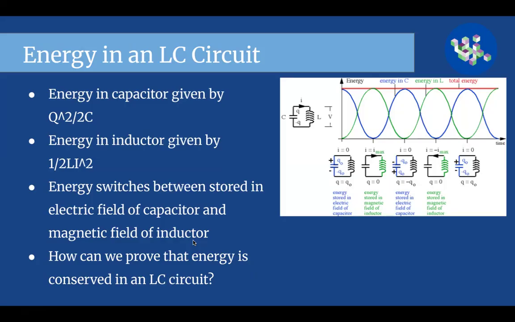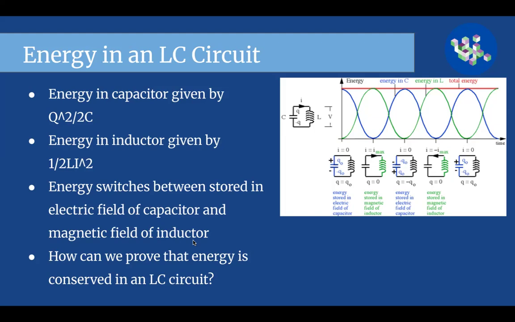Instead of current and charge, we can also say that the energy is switching from being stored in the electric field of the capacitor to being stored in the magnetic field of the inductor. When the capacitor is charged, it has an electric field and you're storing electrical field energy in that.